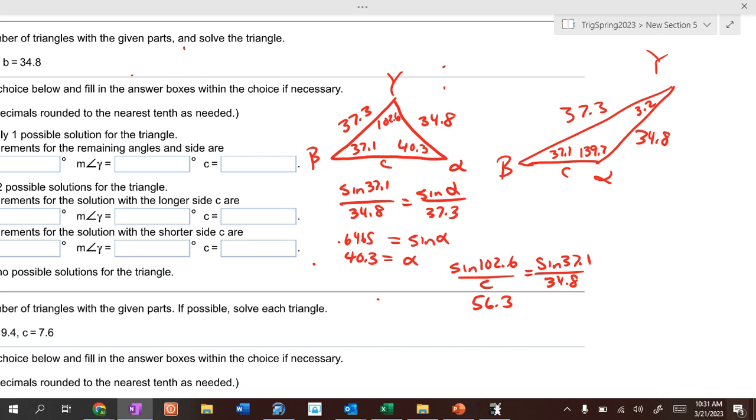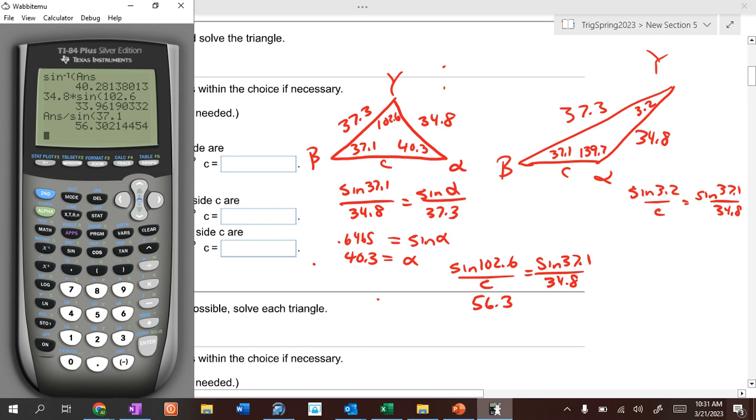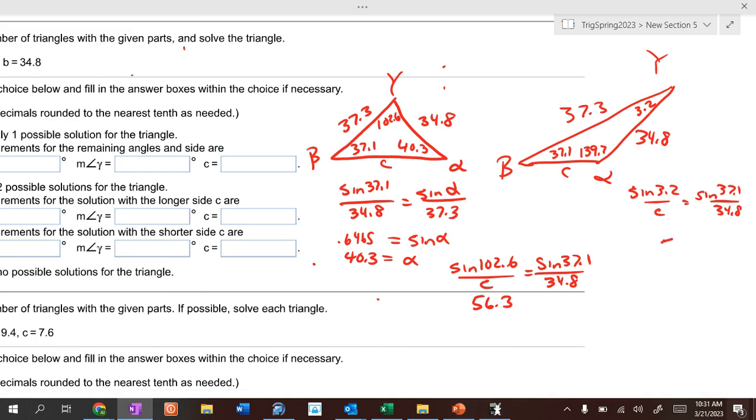And then over here, the sine of 3.2 over C equals the sine of 37.1 over 34.8. So 34.8 times the sine of 3.2 divided by the sine of 37.1, which is 3.2.